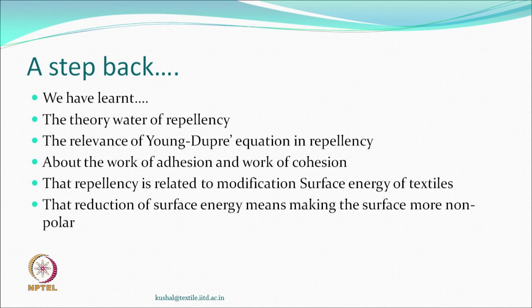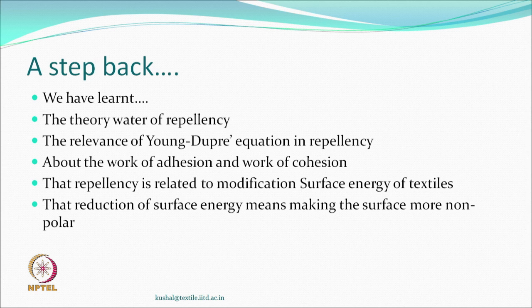We learned about the theory of water repellency and the relevance of the Young and Dupre's equation in determining whether the solid surface we are talking about is going to be repellent or more attractive to water or any liquid. And we also learned what is called the work of adhesion and the work of cohesion.